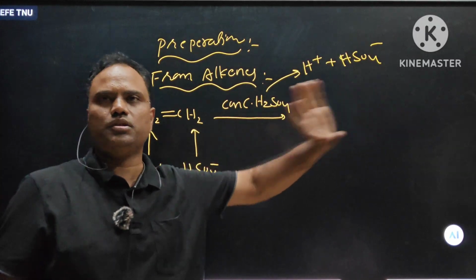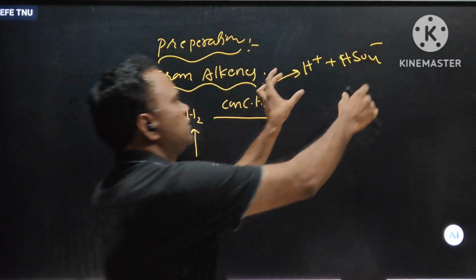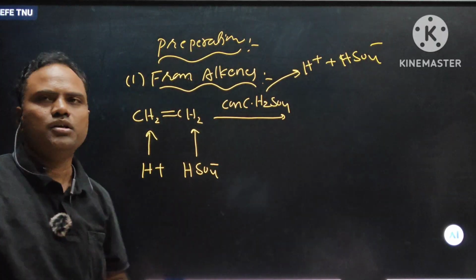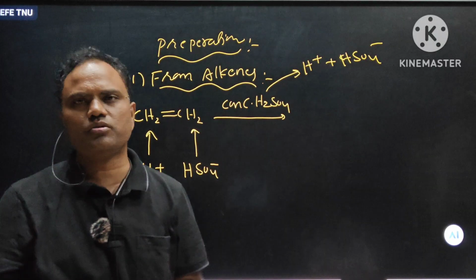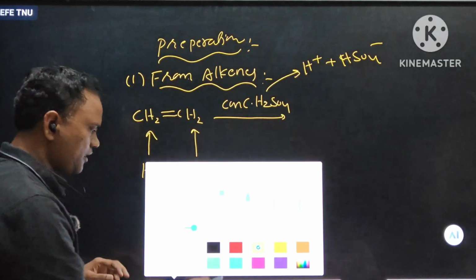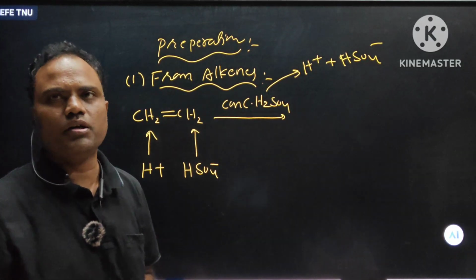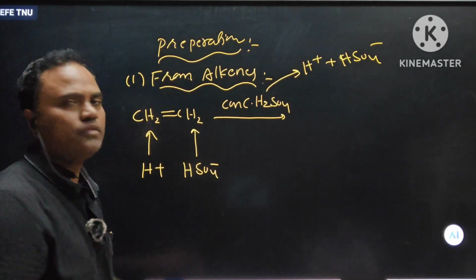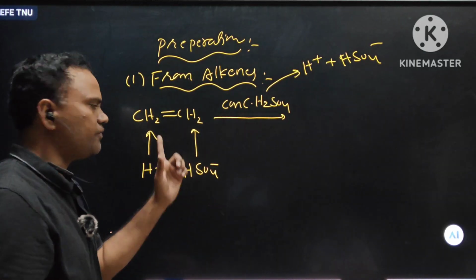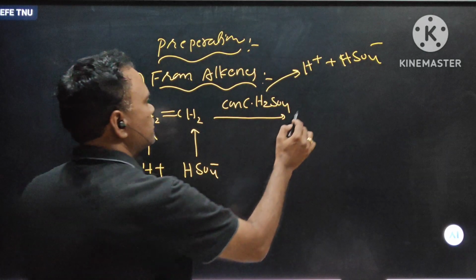Take the two and add. I'll give the shortcut mechanisms only. When the original mechanism is important, then only I'll give you the original mechanism. Just addition of H plus and HSO4 minus, the bisulfate ion.